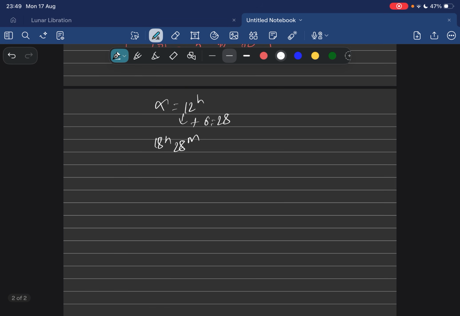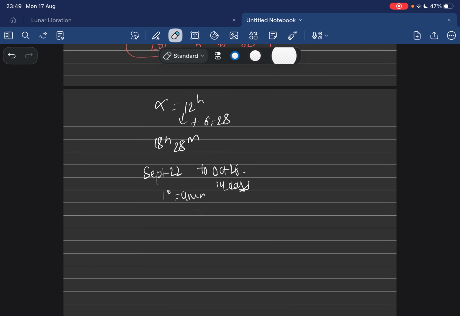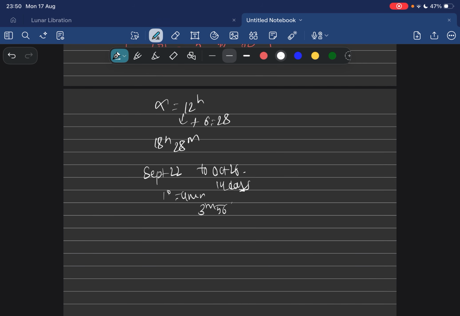So from September 2022 to October 26, we have 14 days. We know 1 degree equals 4 minutes, which is actually 3 minutes 56 seconds. So just add for 14 days, 14 multiplied with this, you will get 54 minutes 50 seconds, I guess.